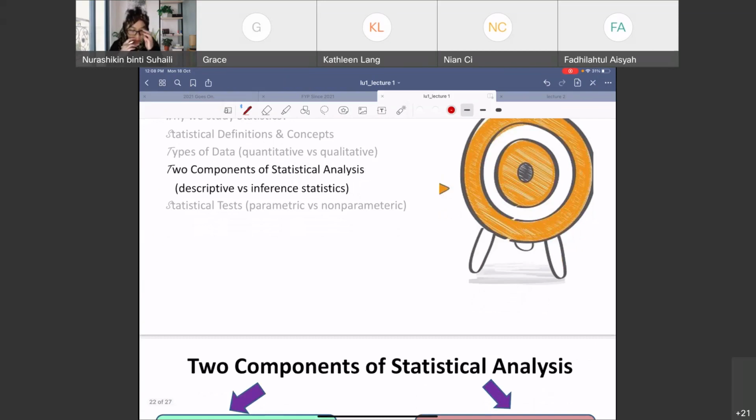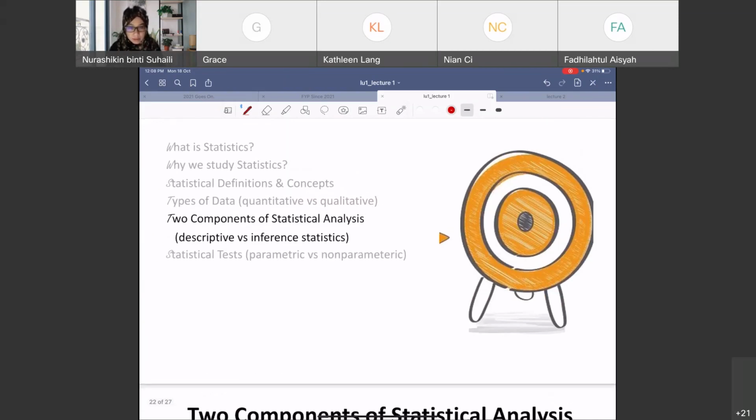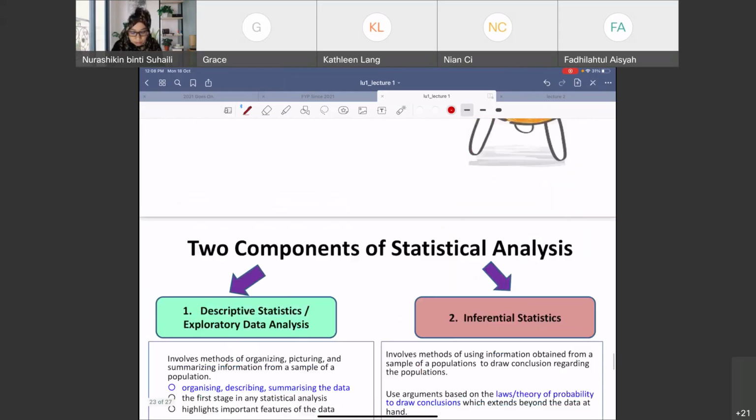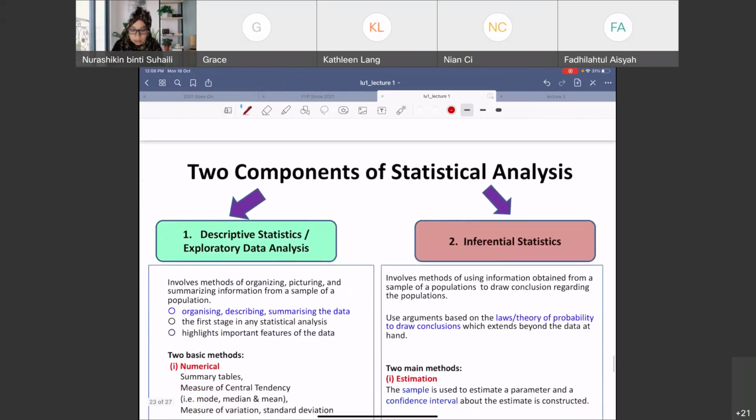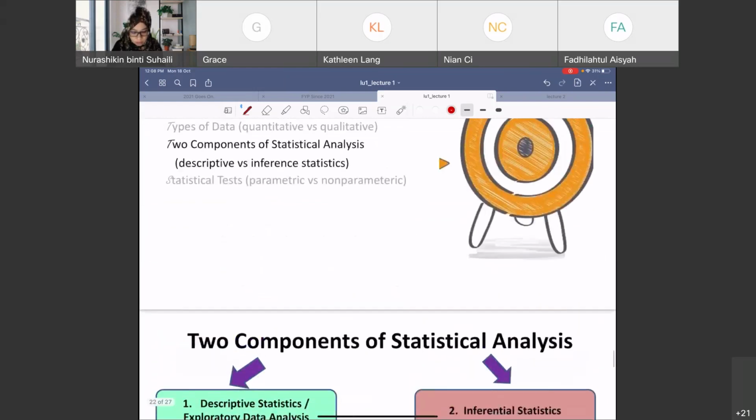Okay, two components of statistical analysis. So this is another thing that you need to take note of. Yeah, so you can see that there are so many terminologies that you have to go through and understand, right? Just now we talked about quantitative and qualitative. Okay, now it's about descriptive and inferential statistics. So what are these two things?